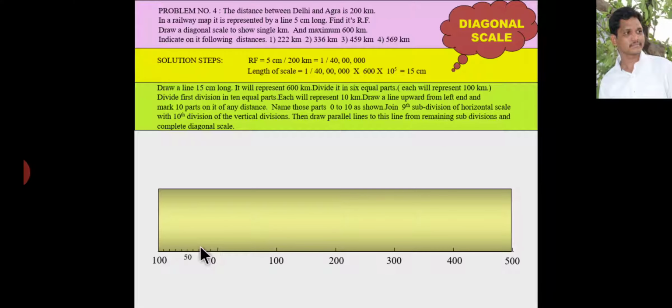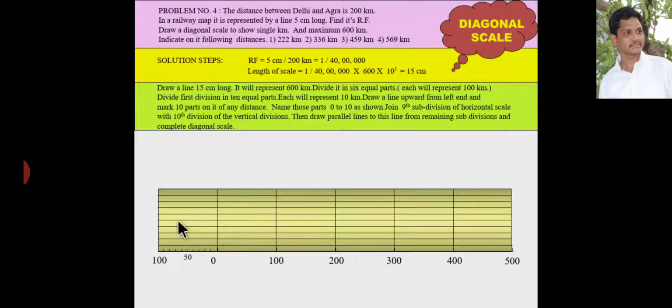Now consider 5 centimeters height, or 10, take any suitable height. Here I consider 5 centimeters height and draw vertical lines and horizontal lines. I divide this height into 10 equal parts, and I divide this main division into 10 equal parts.